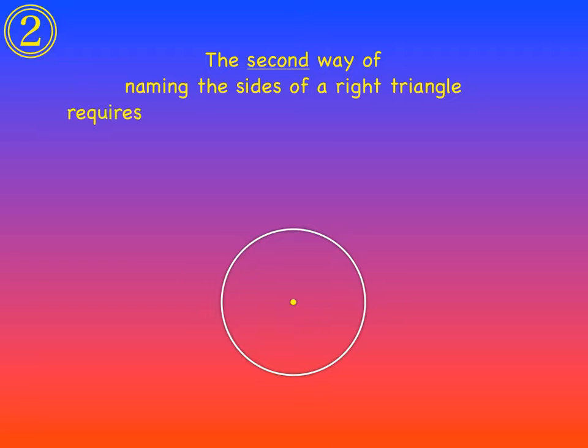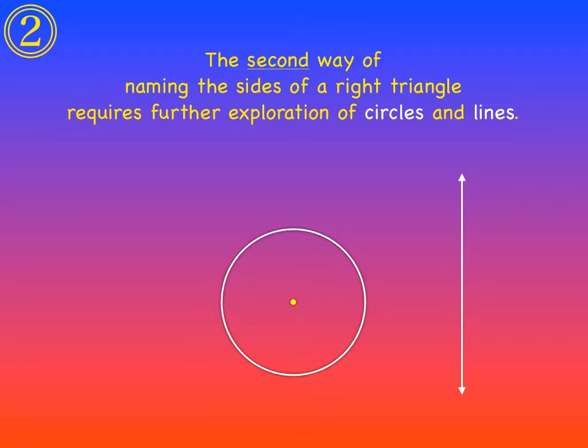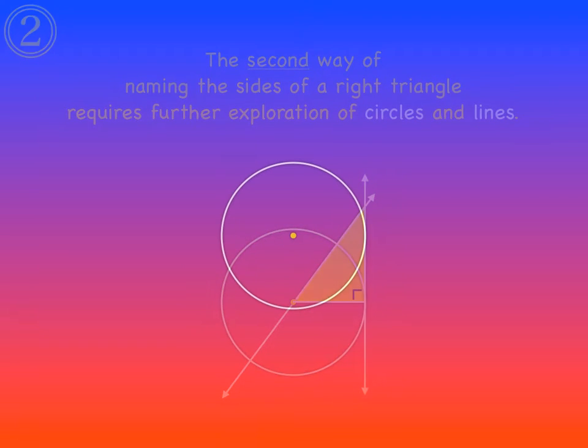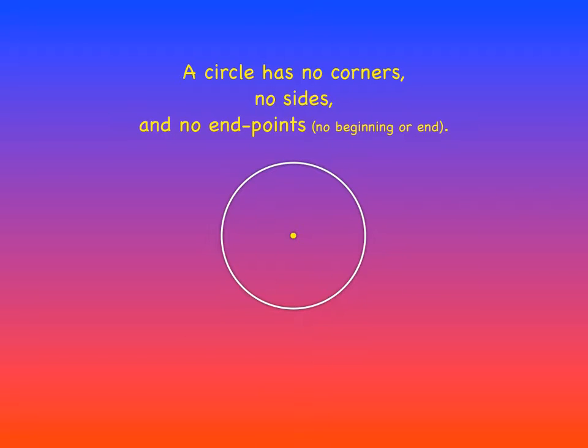The second way of naming the sides of a right triangle requires further exploration of circles and lines. A circle has no corners, no sides, and no endpoints. There's no beginning or end.